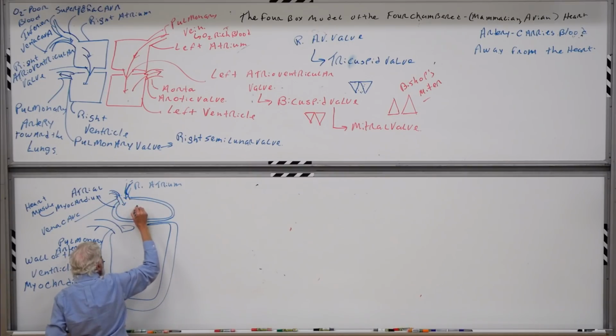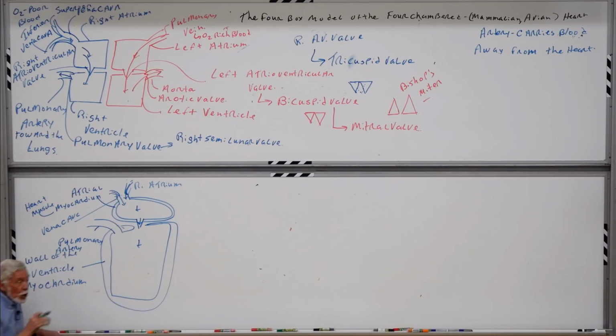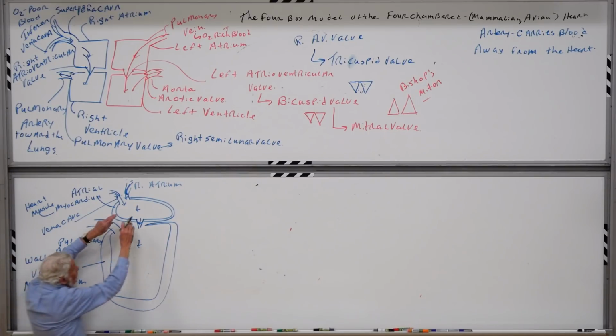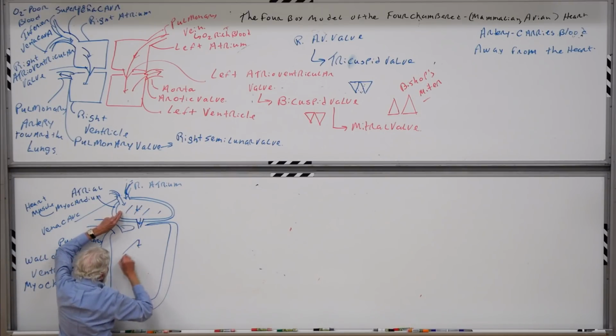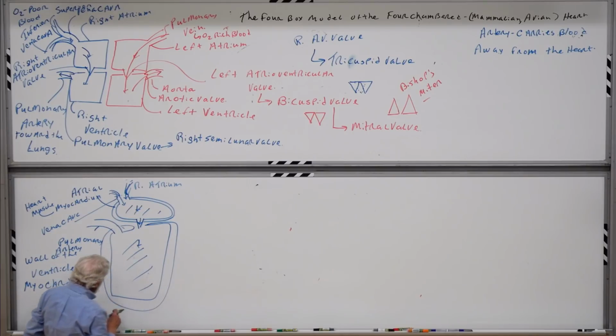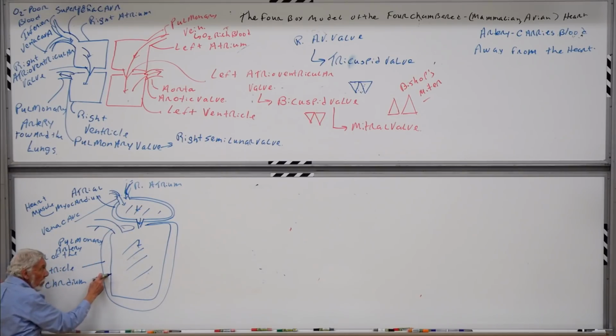So blood's flowing into the right atrium, flowing across the atrioventricular valve, and into the chamber, the right ventricular chamber. So these openings here that I have hashed in, those are simply open rooms, open chambers. This is a muscle wall.